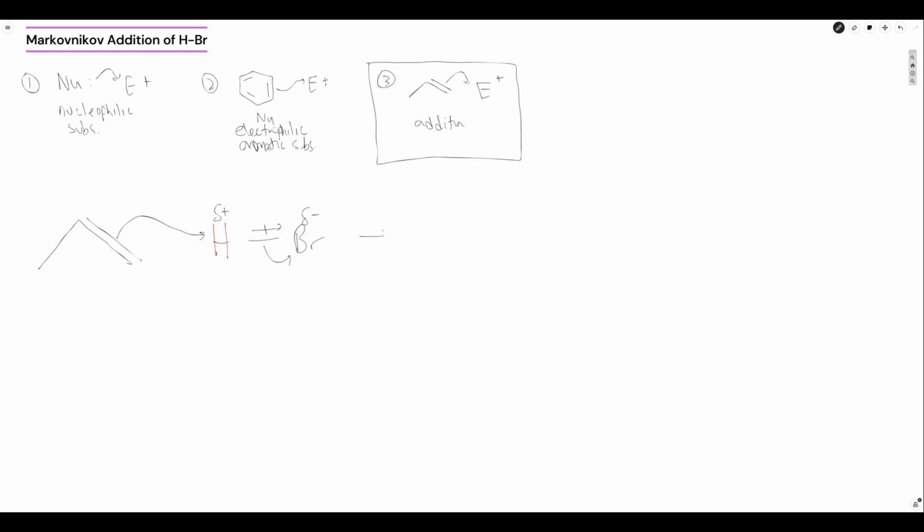Now in what we've drawn, we see here that the H has gone here, right? And it leaves behind a carbocation plus our Br minus.